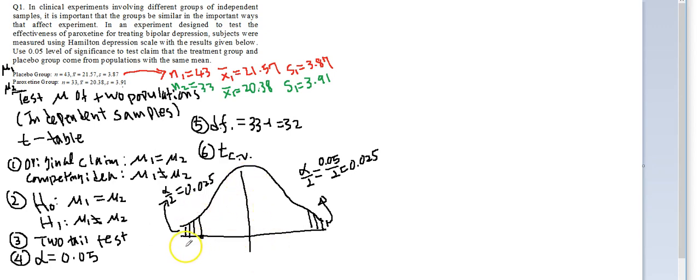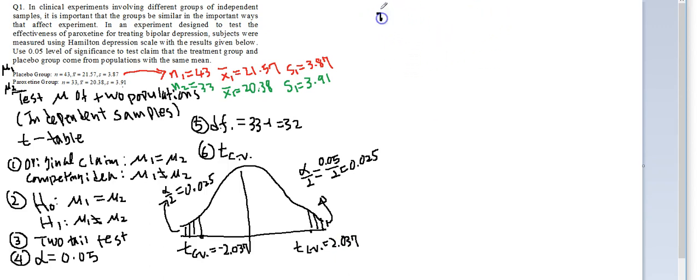So the T critical value on the left hand side has to be negative, so there will be a minus 2.037. And on the right hand side, it's going to be positive 2.037. Alright, so that looks good.